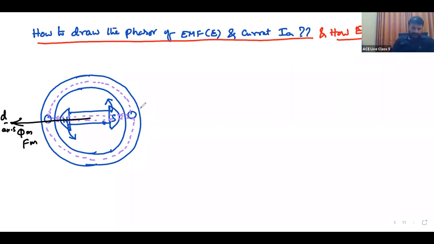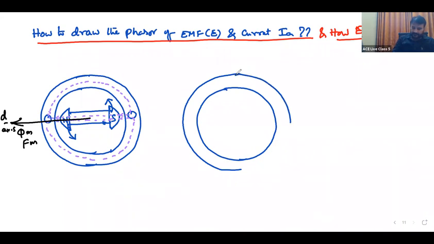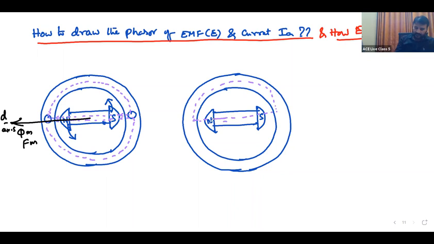The flux direction is from north to south, and this is also north to south. So these are the flux directions.